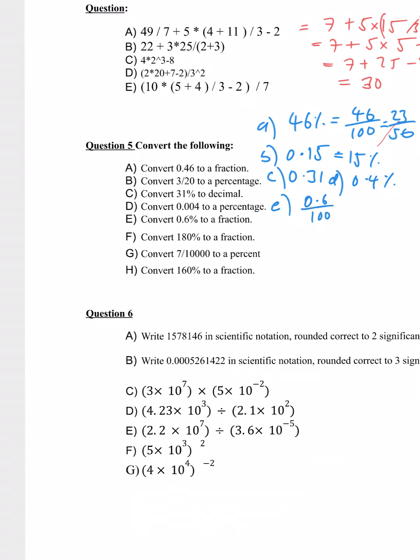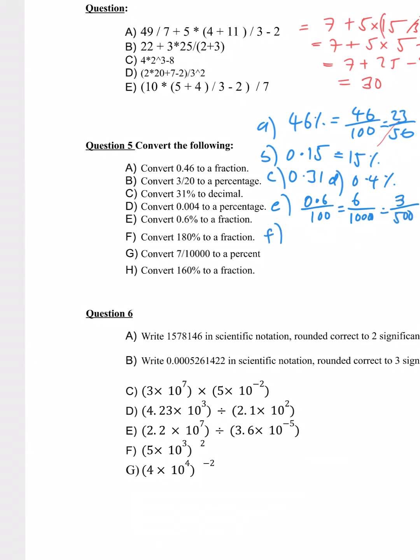Now I don't like having a decimal inside a fraction like that, so I'll fix that by multiplying by 10 above and below. 0.6 times 10 is just 6, so that'll fix it. 100 times 10 is 1,000. And from here I can simplify. If I divide by 2, I get 3 over 500, and that's my fraction.